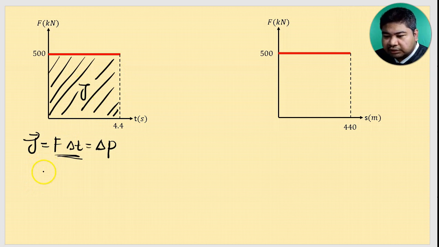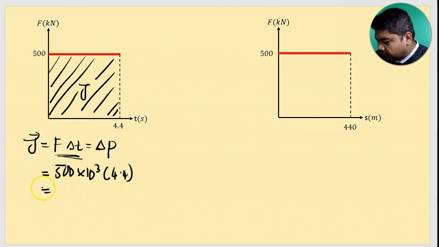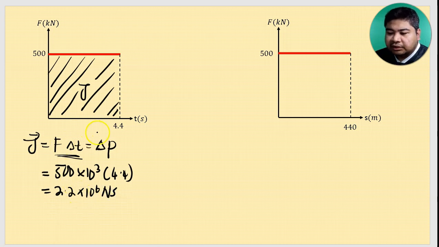If we calculate the area of the graph, 500, but remember the axis has a prefix k, which stands for 10 to the power of 3, times the time 4.4, you are going to get 2.2 times 10 to the power of 6 newton second. That is the value of the impulse.